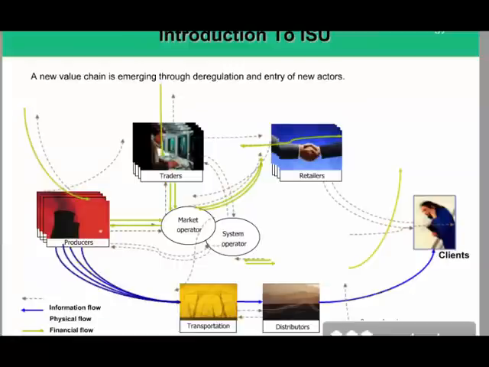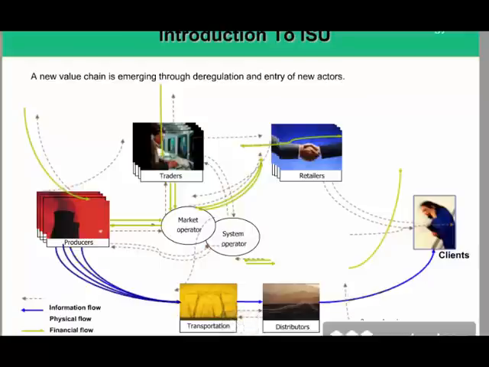As you can see here, competition has brought two new players into the picture, traders and retailers. The deep blue line, which is the physical flow, remains unchanged: from producer to transportation and distribution to client, that blue line remains the same.